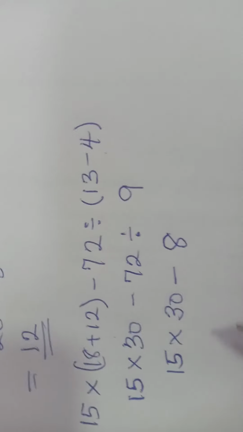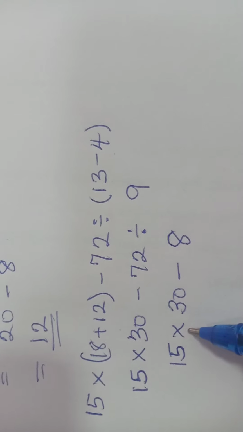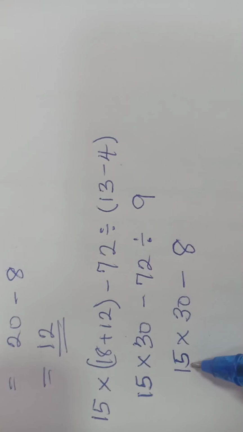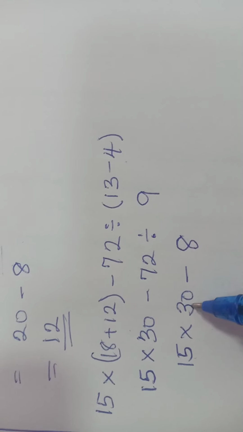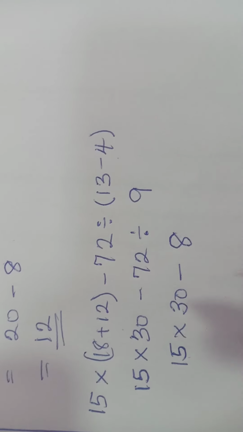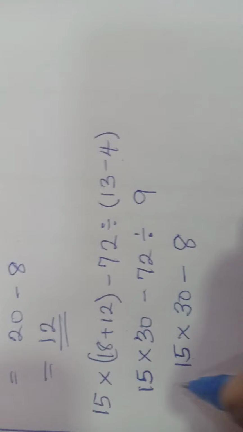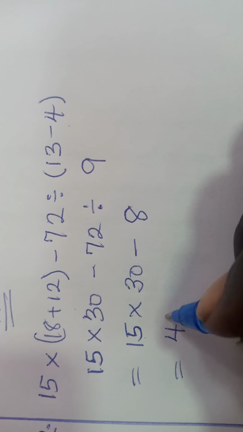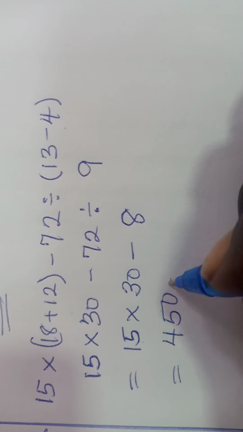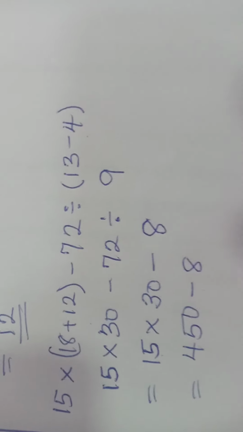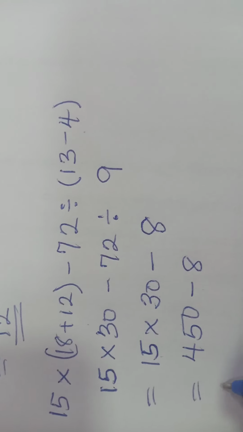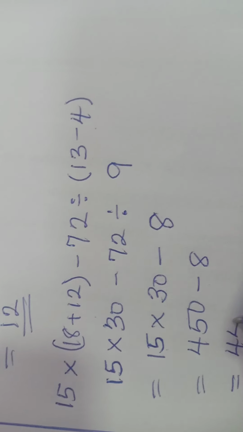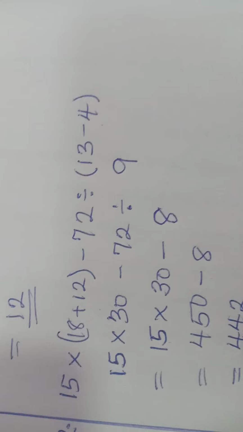Good. So the next operation here is what? Multiplication, because multiplication comes after division. 15 times 30 will give us 450. Then 450 minus 8 will give us 442. And that's the final answer.